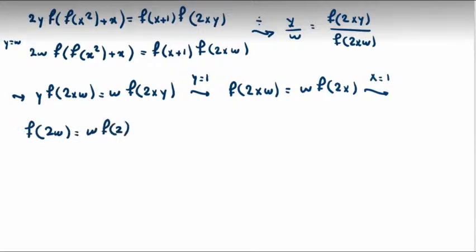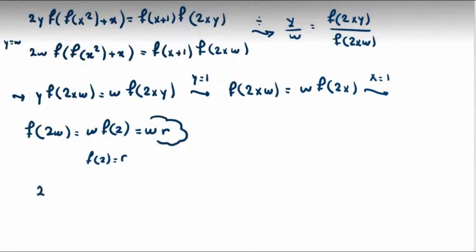So let's consider f of 2 is a constant, or let's consider f of 2 is r. So f of 2w will be wr. So we found even numbers in terms of f of 2. Okay, so it is the first thing we've reached.